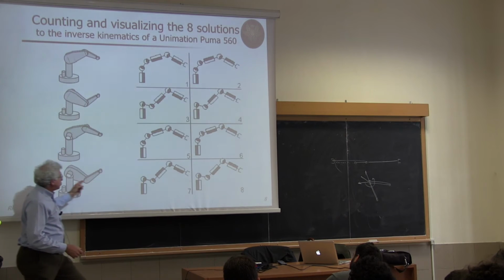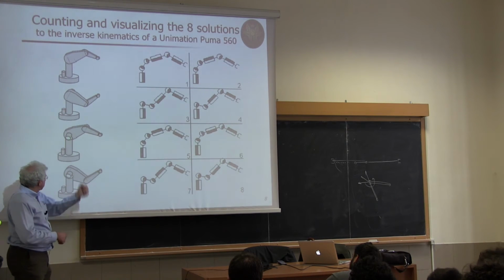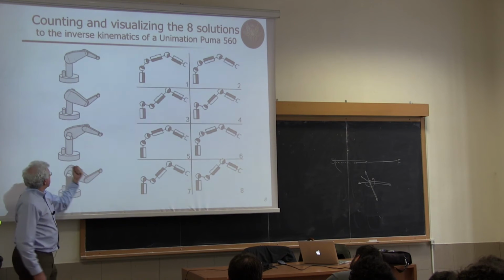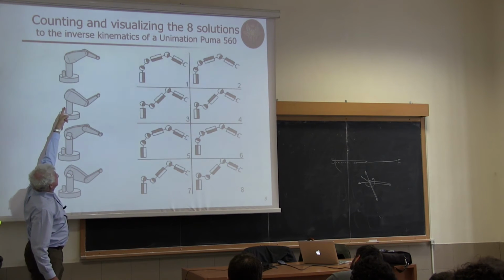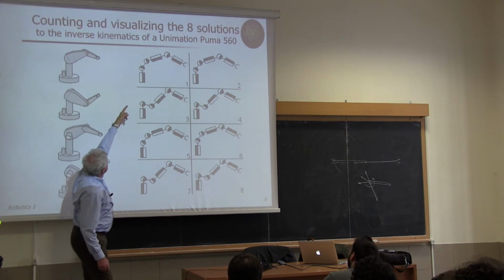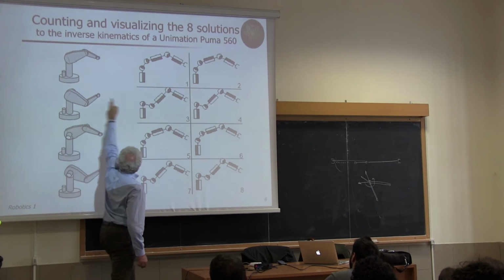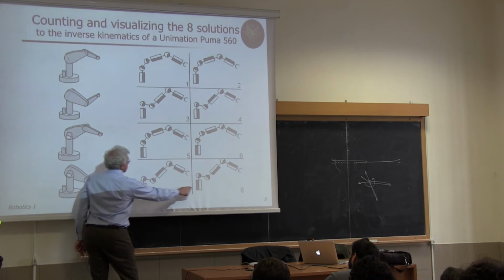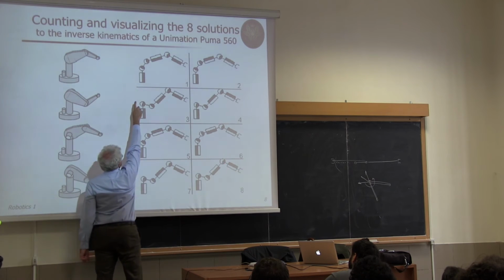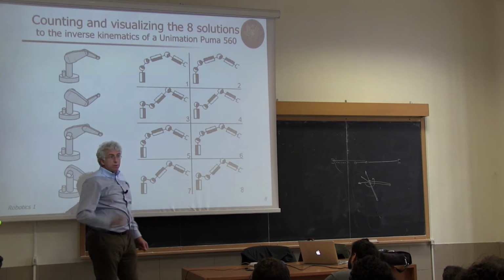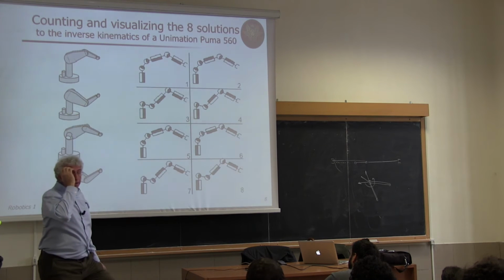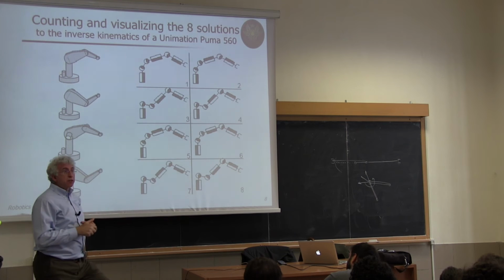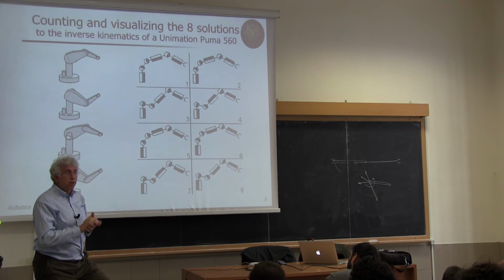So these are the 2 solutions for the wrist associated to the, let's say, left elbow down solution. If you take the right elbow up, again, see, these are different because these are facing the desired position. These have the bottom or the back in the direction of the end effector position. So they have had a rotation of 180 degrees or similar.